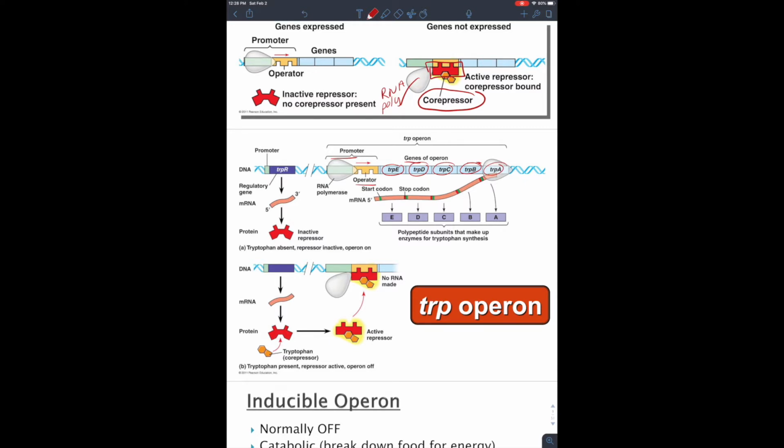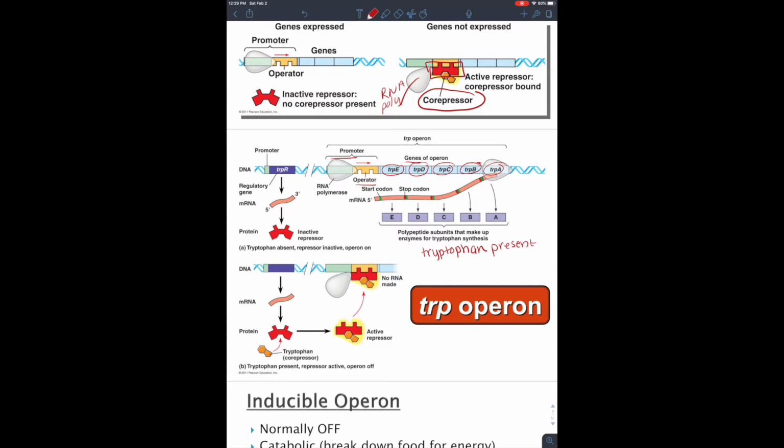So let's talk about it: my body has a lot of this substance, tryptophan. What happens if I already have tryptophan present? Do I need to make more of it? Do I need to make more of those individual pieces to make this tryptophan? The answer is no. I don't need to make more.